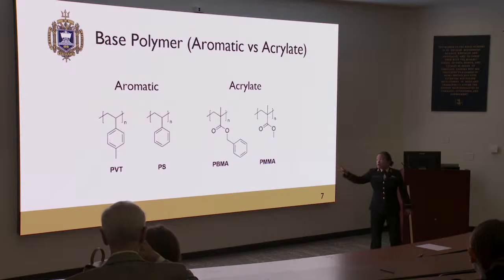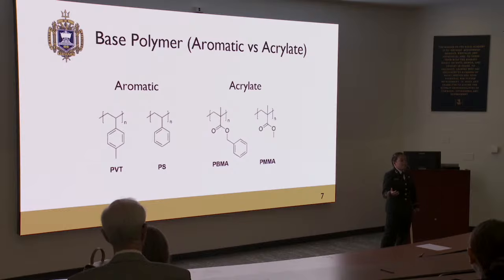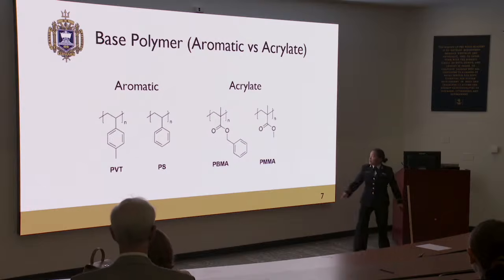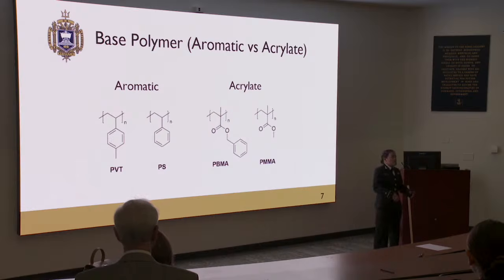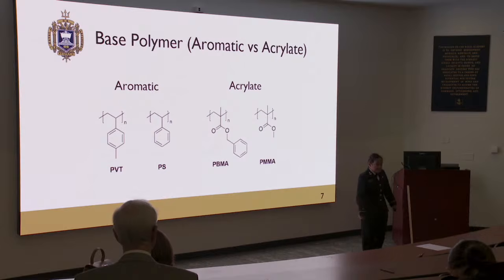So aromatic chemicals have very high radiation detection properties. On the other side are acrylates. So BMA and MMA have a methacrylate group here. They polymerize very quickly. However, they don't have very high radiation detection capabilities. Likewise, the aromatics don't print very quickly.